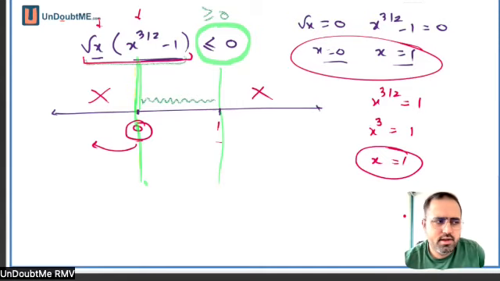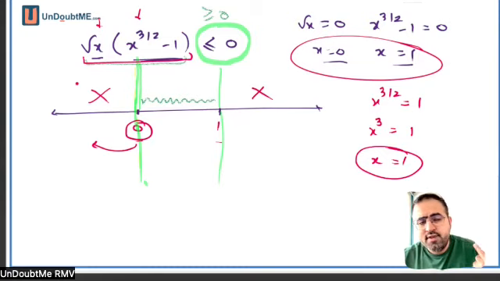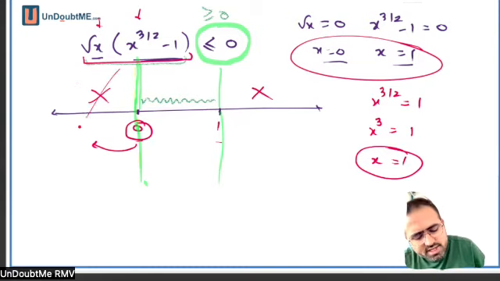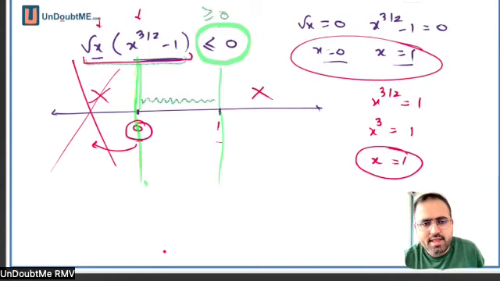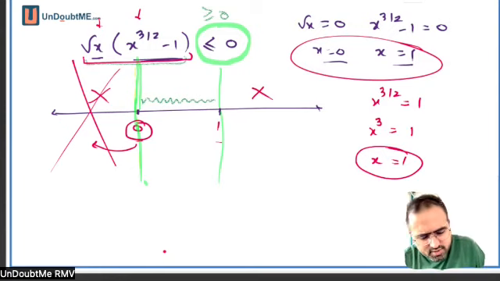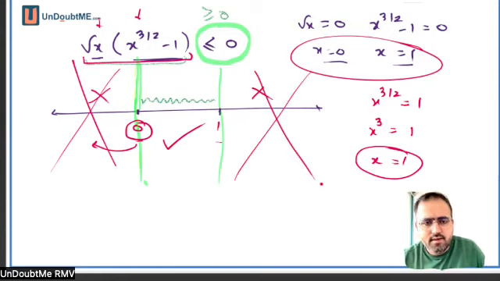Let's say if I put -1, it will automatically be rejected because here we have a square root, and I can't put -1 in a square root. If one value is not possible, then the whole region is rejected. Then it goes in alternate pattern. So that is rejected, the second region will be accepted and the third region will be rejected again. So my answer for this will be between 0 and 1.